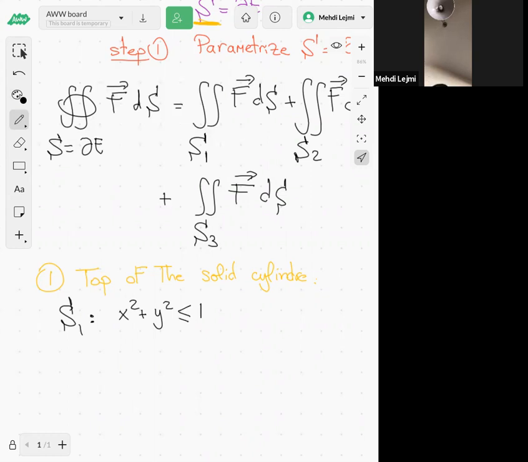So x squared plus y squared less than or equal to 1, with z equal to 2.